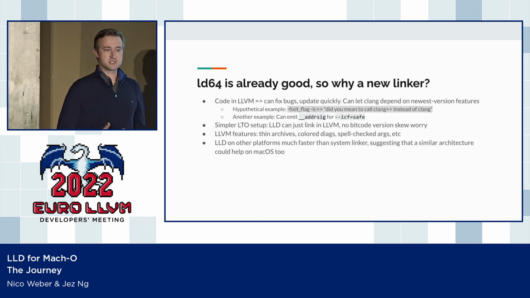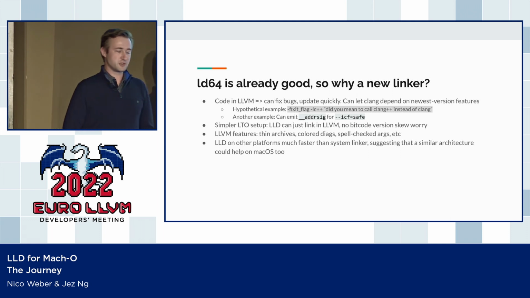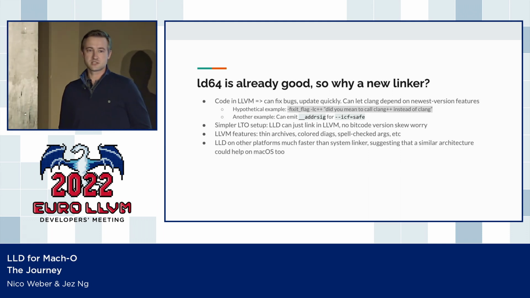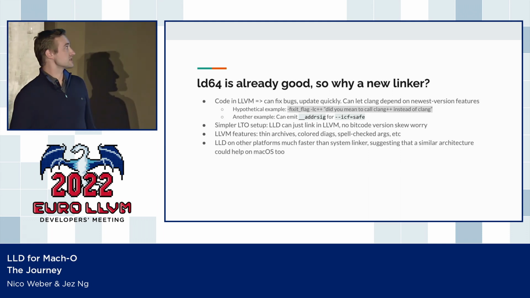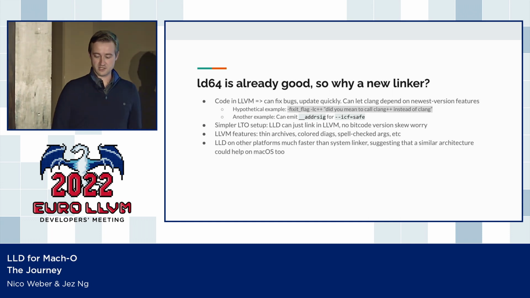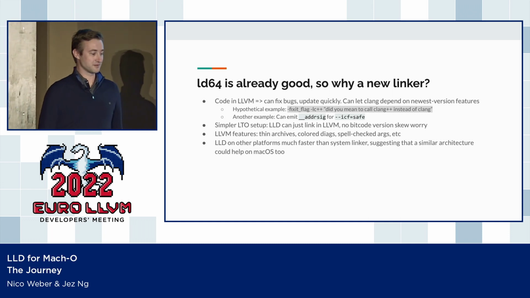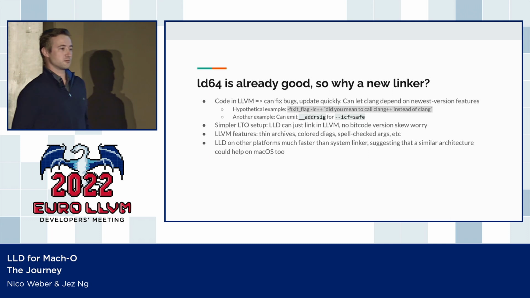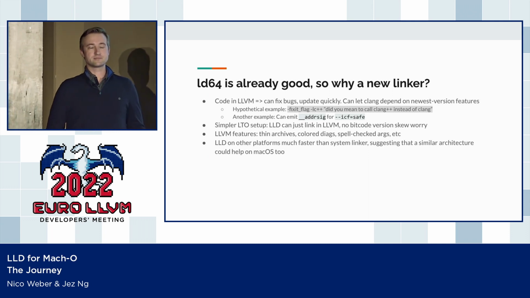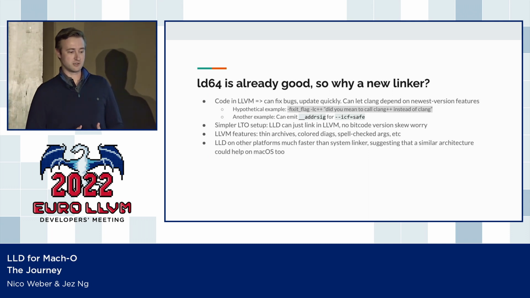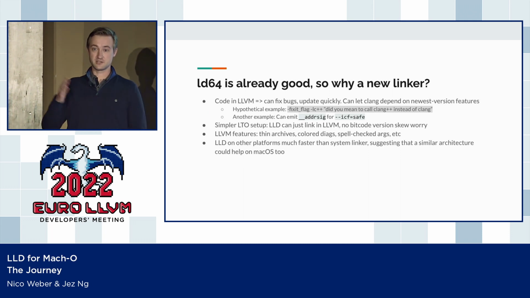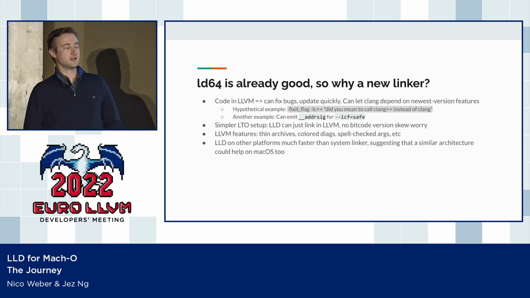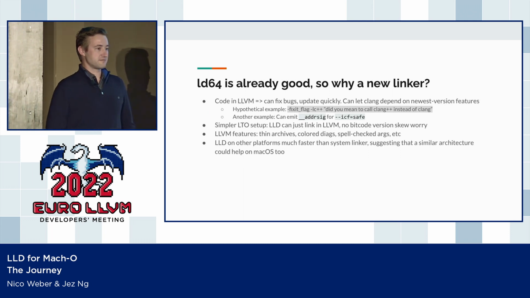So LD64, Apple's Mach-O linker, is already pretty good. In Chrome, it was the linker that gave us the least amount of trouble. It's fairly fast. It's deterministic. So why even bother? One reason for us in Chrome was that we already build Clang and LLD for the other platforms from LLVM trunk and bundle that and send that to all the bots and all the developers, and we're able to fix bugs very quickly.